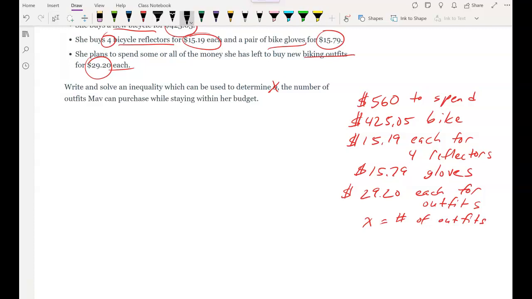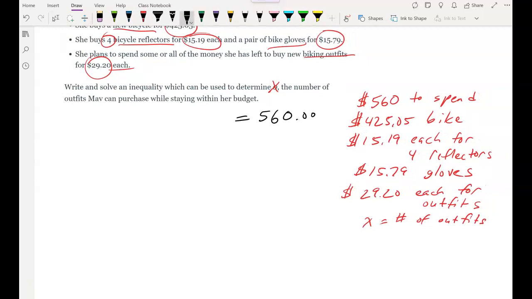So, if we're going to write the equation with an equal sign, what's her total? What's her limit? In this case, it's $560. How is that money going to get spent?